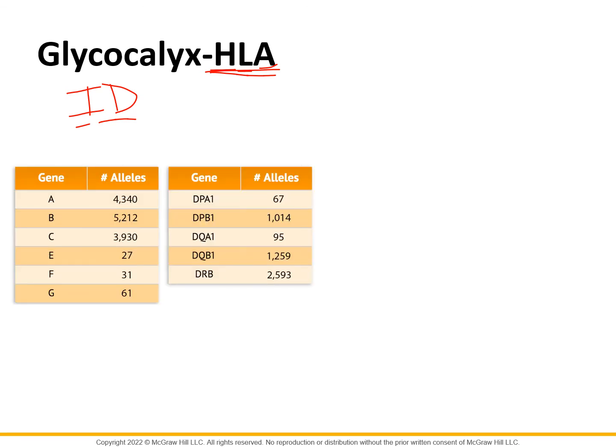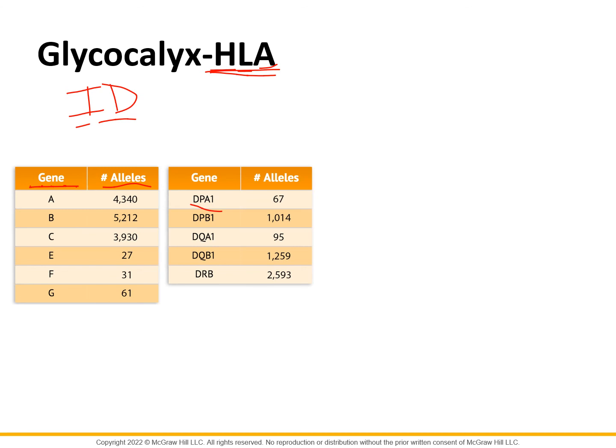Just as an example, there are about 11 genes that encode for the HLA, and they've been designated with letters A, B, C, E, F, G, and then the Ds, which have subsets. So you have DPA1, DPB1, and so on. Then there is the number of alleles. Alleles are different options for the gene.